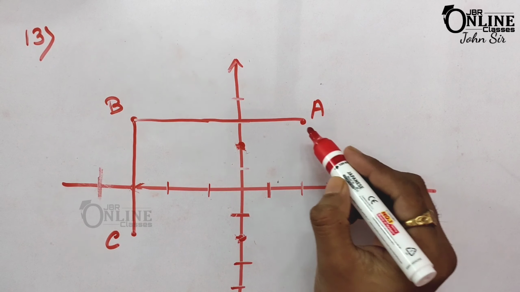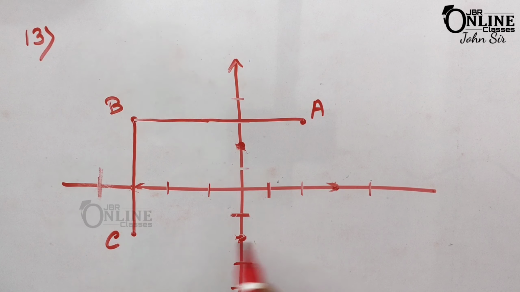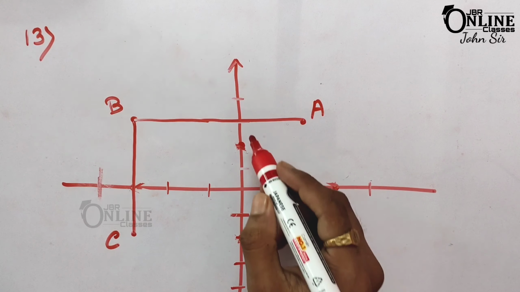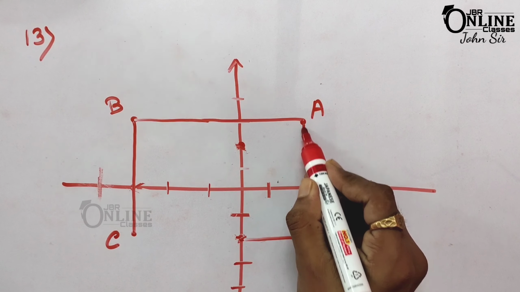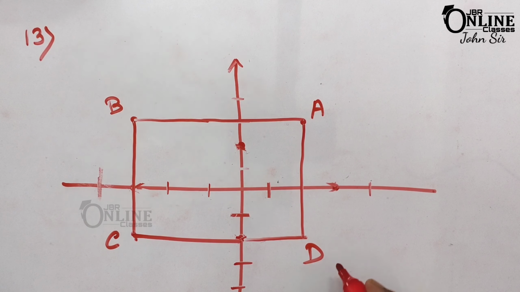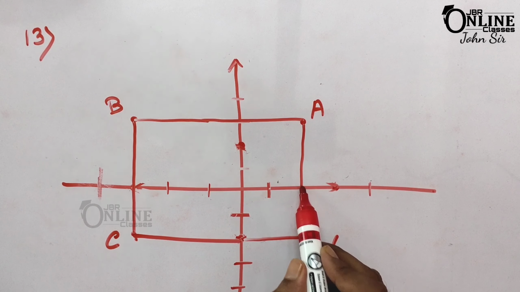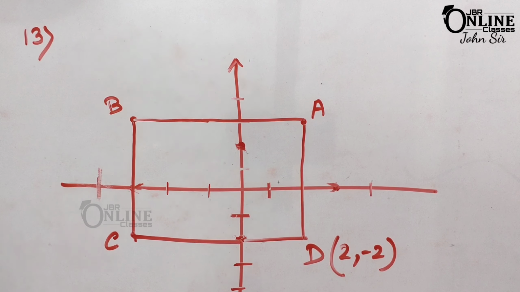That means the fourth point will be at the same distance from A and C. So if you join this one, you will get a square. Here the coordinates of D will be x positive and y negative, so (2, -2). That is your first answer.